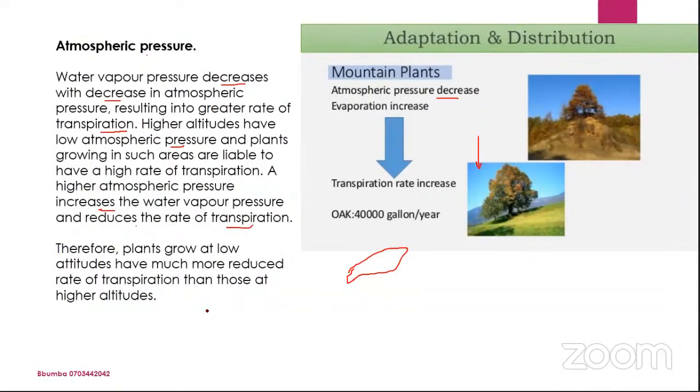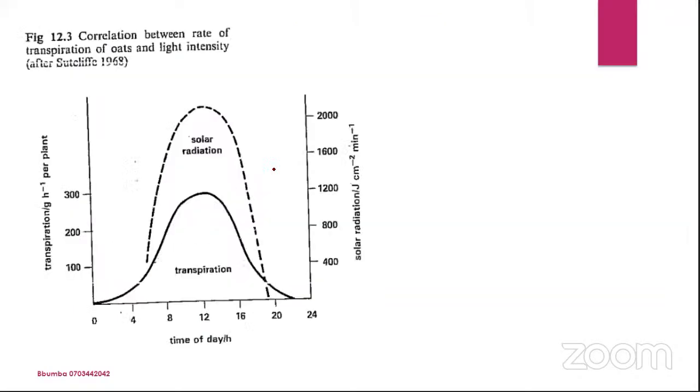I hope you guys have gotten it, because this thing normally disturbs very many people. If you have understood, I have a small graph here. This graph shows the correlation between the rate of transpiration of oats and light intensity.